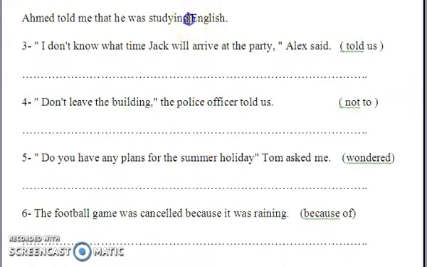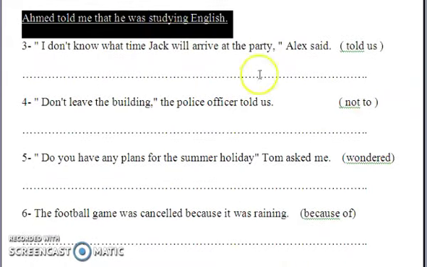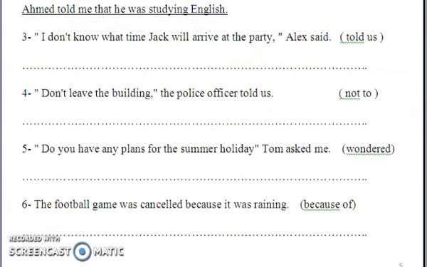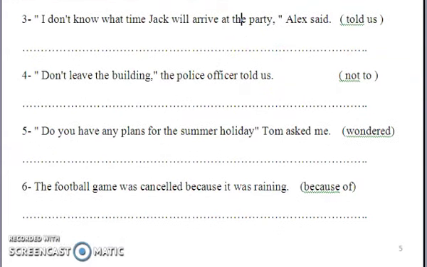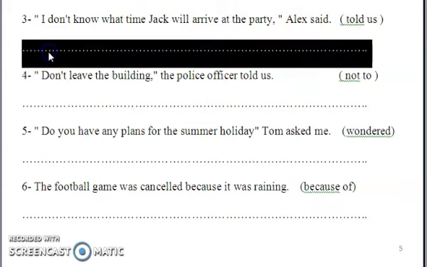Question number 3. The same. It's direct speech, and I want to change it to indirect speech. I don't know what time Jack will arrive at the party, Alex said. So, as I said, I will use told.